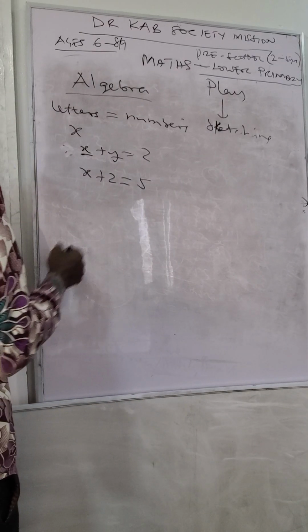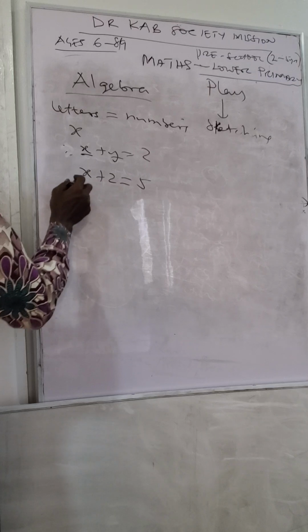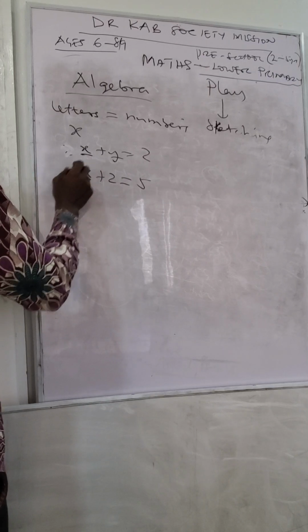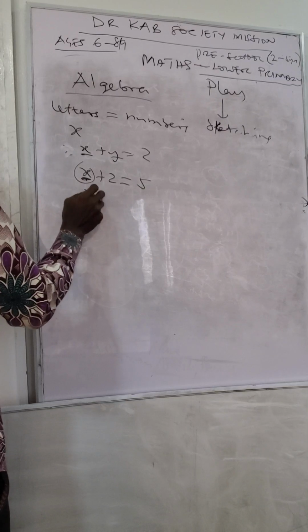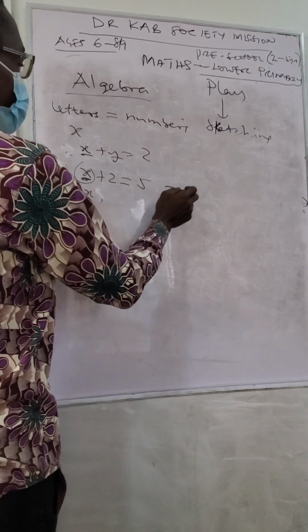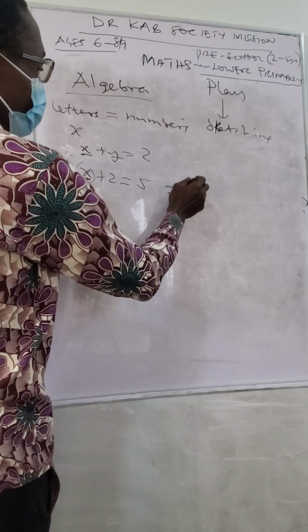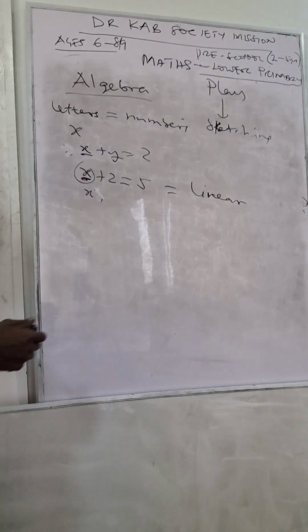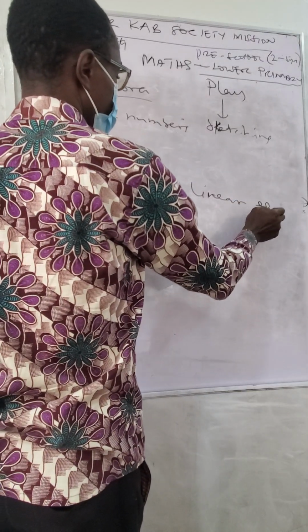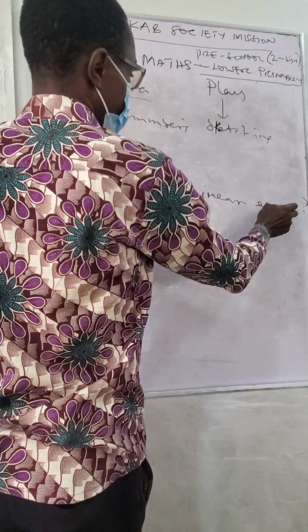Sometimes we can have algebra with just a single x, to the power 1 alone. There's no x to the power 2 or x to the power 3. This is more or less what I'll put here as a linear equation.